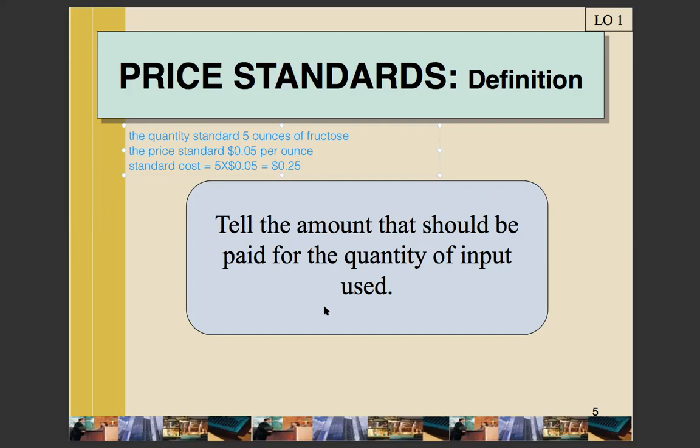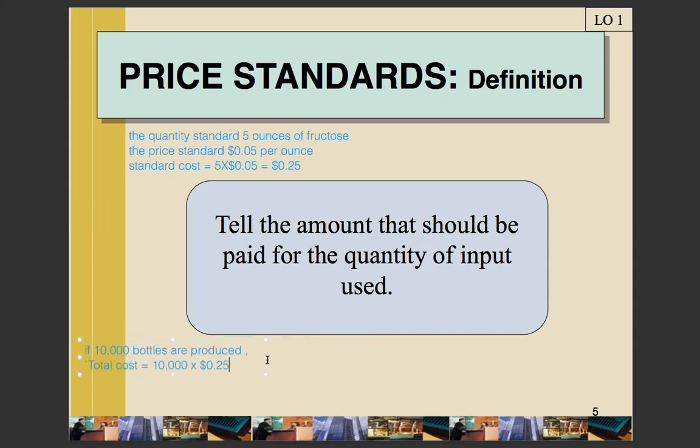For example, as I mentioned before, if 10,000 bottles are produced, how much is going to be the total expected cost of this practice? It's going to be 10,000 times 0.25.